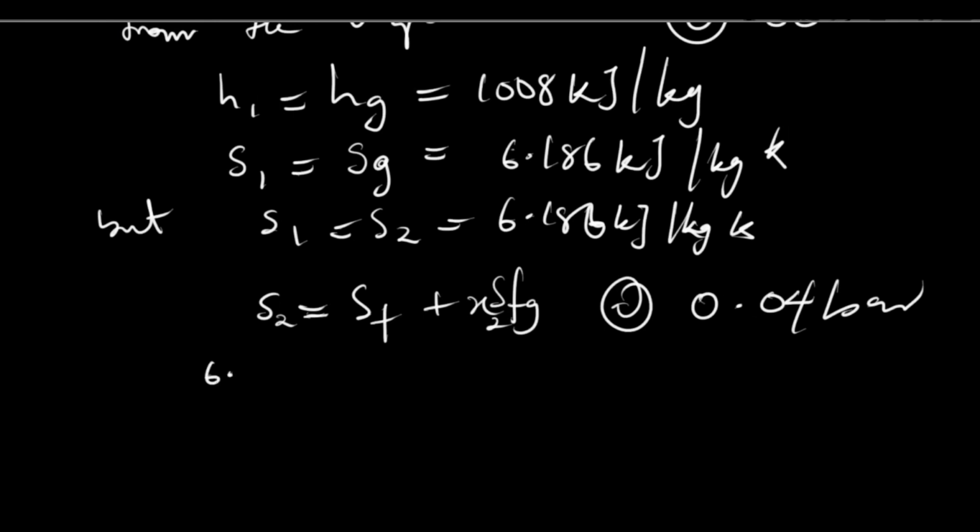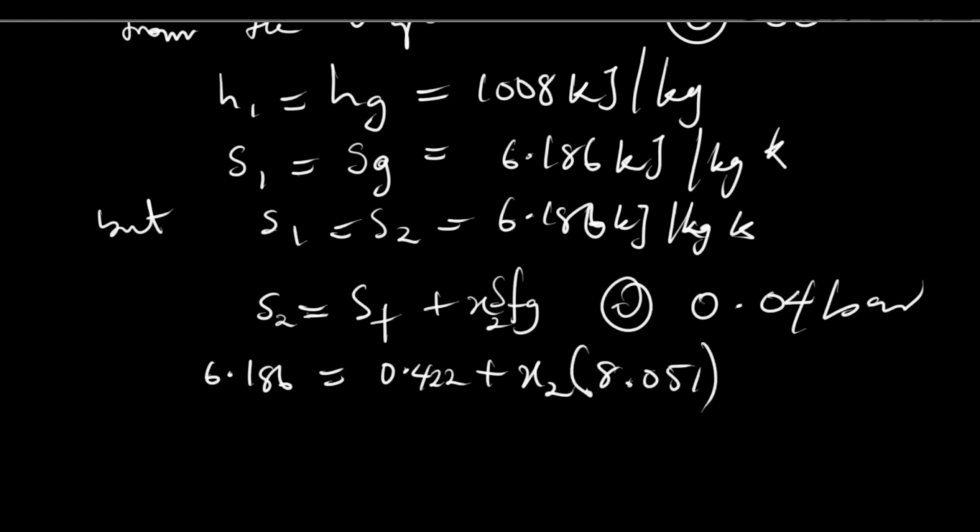So from the steam table, the value of SF here is 0.422 plus X2 into 8.051. So doing the maths, we have that X2 will be equal to 0.716.